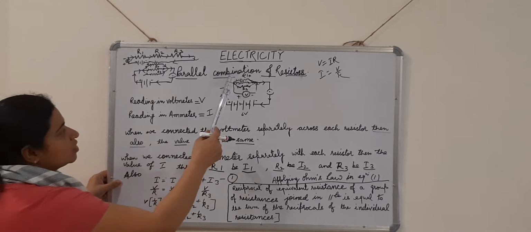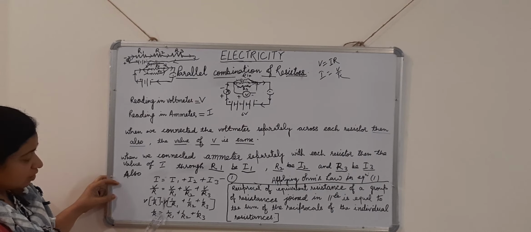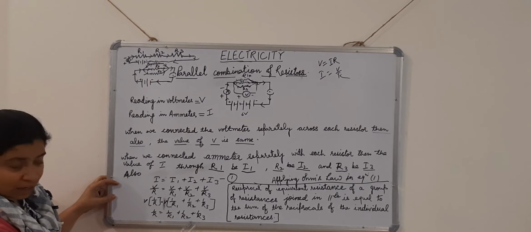Let me take the V common. 1 upon R is equal to V, again I have taken V common, times 1 upon R1 plus 1 upon R2 plus 1 upon R3. Now let us cancel V and V. I have got 1 upon R is equal to 1 upon R1 plus 1 upon R2 plus 1 upon R3.